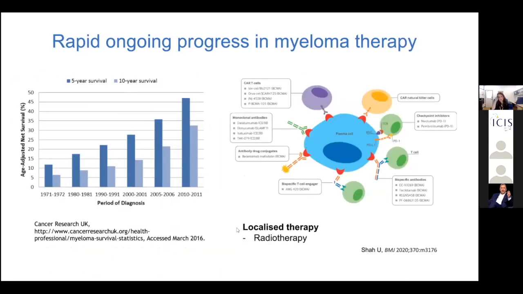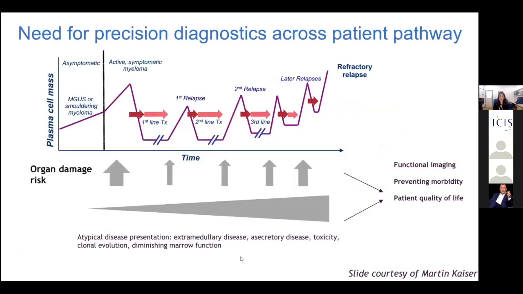Now, unfortunately, myeloma is not a curable cancer, but the range of therapeutic options is growing, and that means that we have an ever-expanding population of patients living with myeloma. And living with myeloma can look like this: multiple episodes of relapse, lines of therapy. And in our experience, the clinical decision-making gets much, much more difficult over time because the disease becomes increasingly atypical in its presentation.